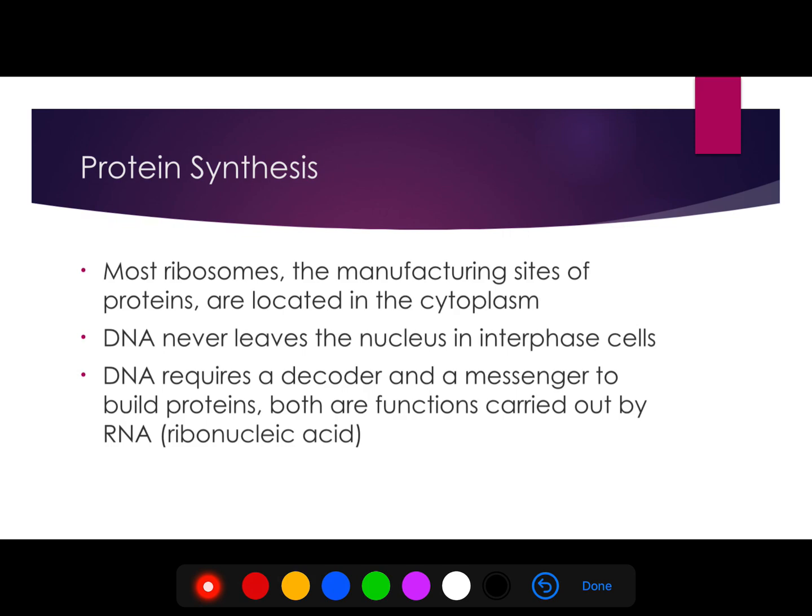So it takes DNA and converts it into RNA, ribonucleic acid, which it will then send out of the nucleus into the cytoplasm. And then that RNA can be used as the instruction template for the production of protein. So before we can produce protein, we have to make a copy of our DNA in the form of RNA. We have to convert our DNA to RNA.